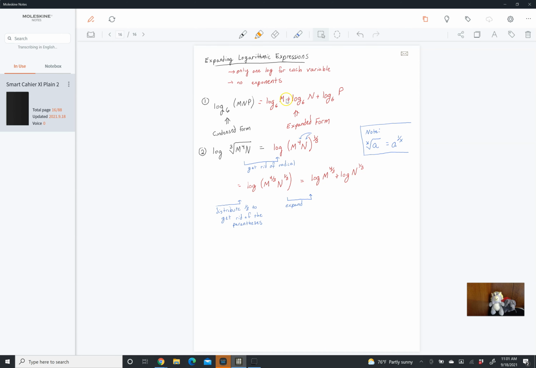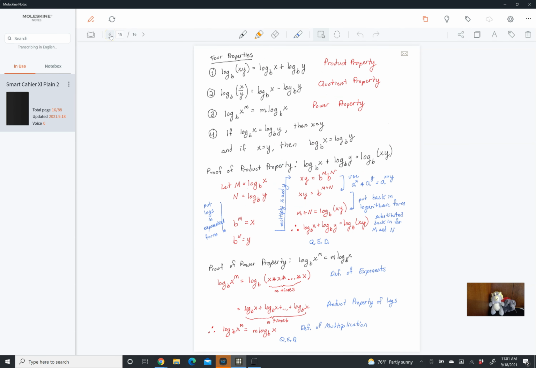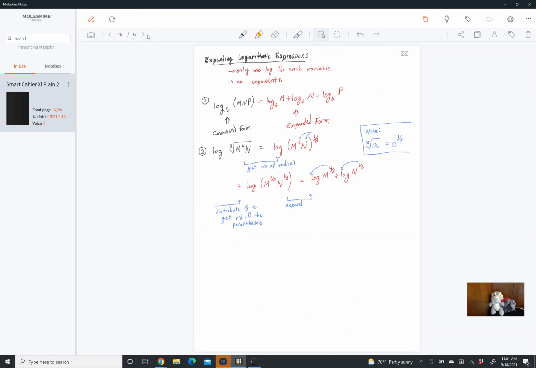We do have exponents, so we can get rid of those exponents by bringing them out to the front. Remember, that was the 4th property of logarithms. Okay, it's the power property. The 3rd property, sorry. We can bring the exponent out to the front, and we proved the power property in the last video.